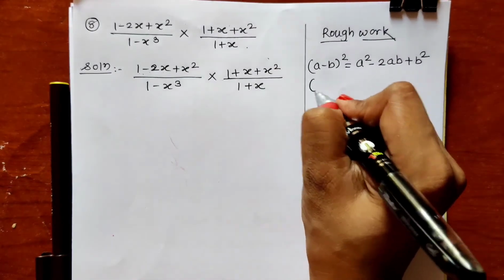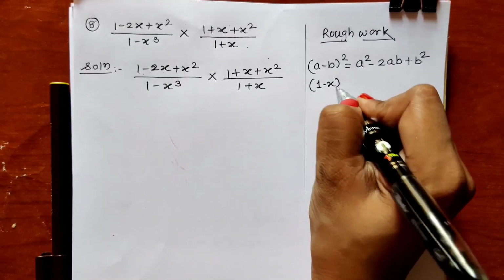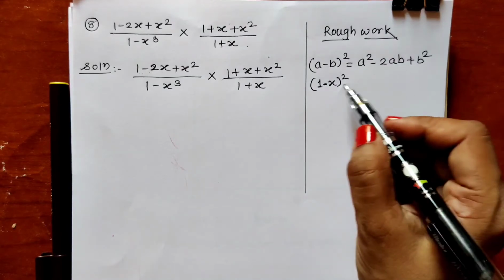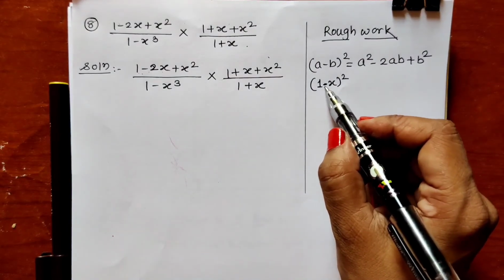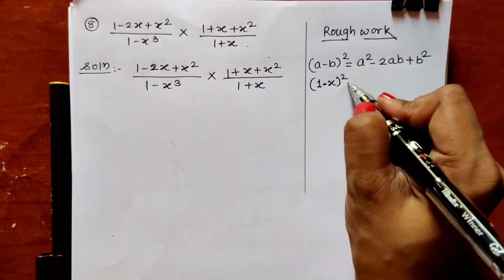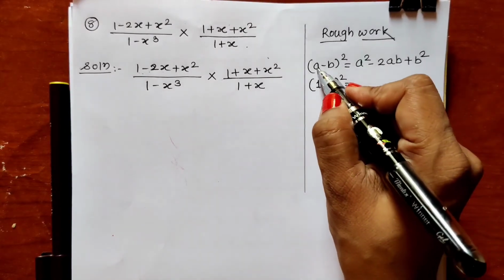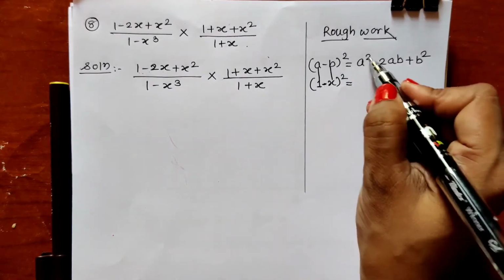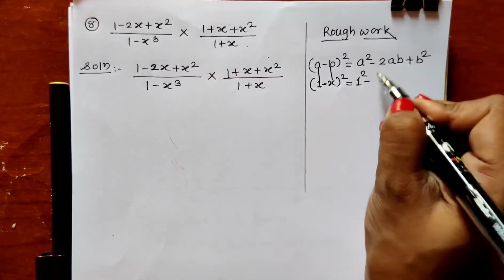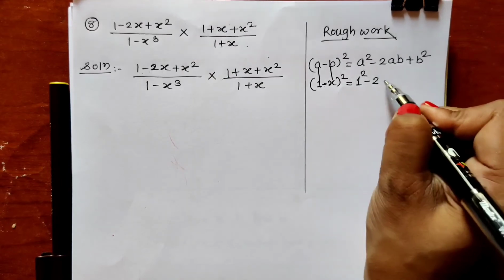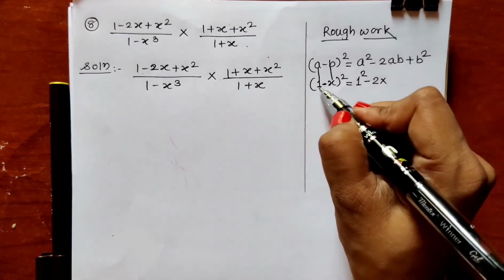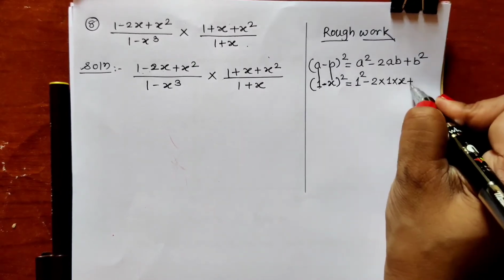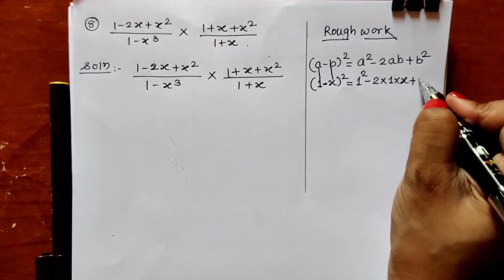Now see, if I write (1 minus x) whole square and apply the formula, what will be the expansion of this bracket? Let us apply the formula. In place of a we write 1, in place of b we write x. So a square means 1 square, minus sign 2 as it is from the formula, multiplied by a into b, that is 1 into x, plus b square, that is x square.